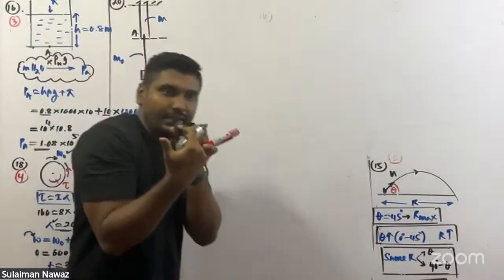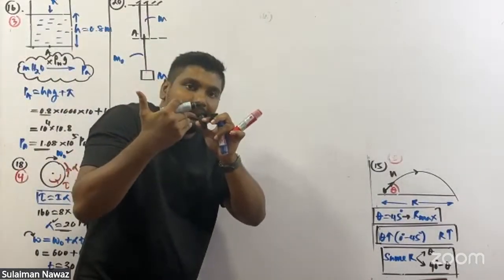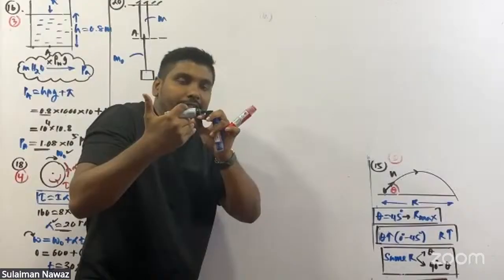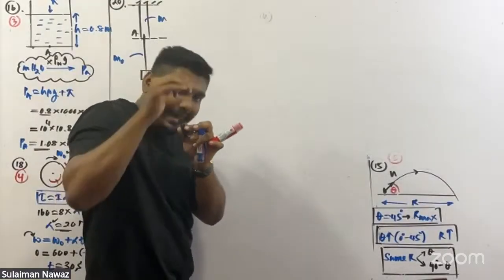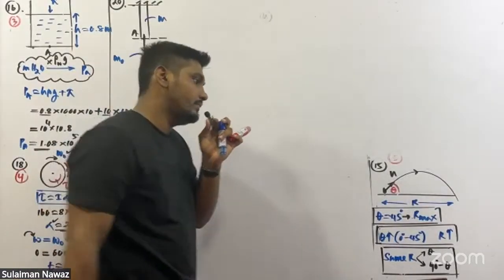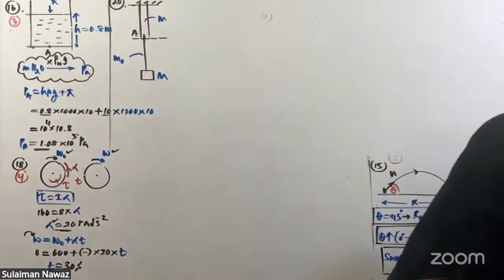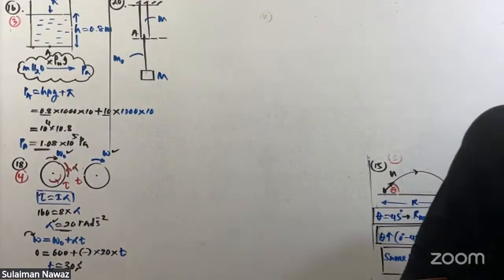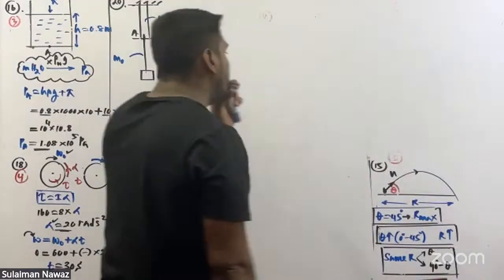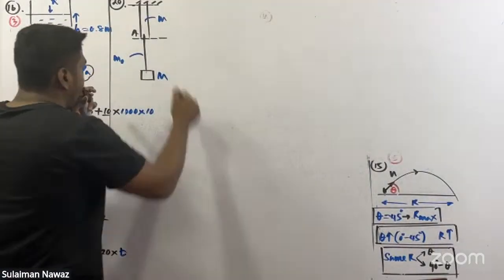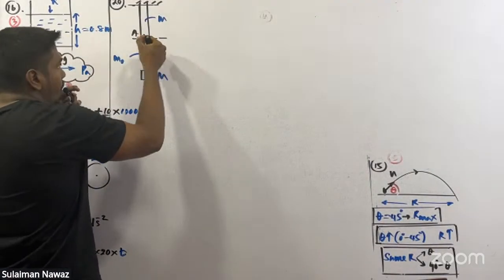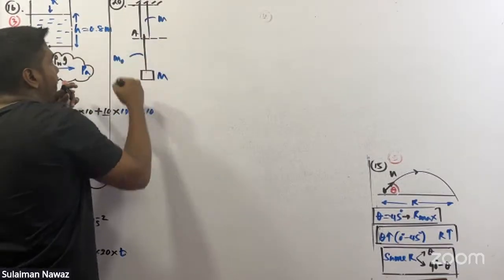Which masses contribute to the tension at a point? Remember, the total mass below that point contributes to the tension. Since I want to find the tension at point A, what is the total mass below point A?